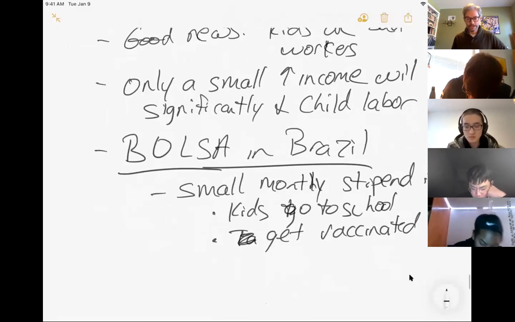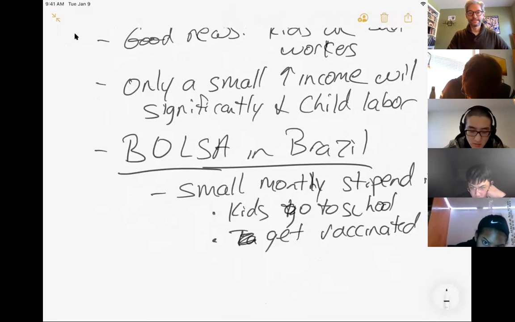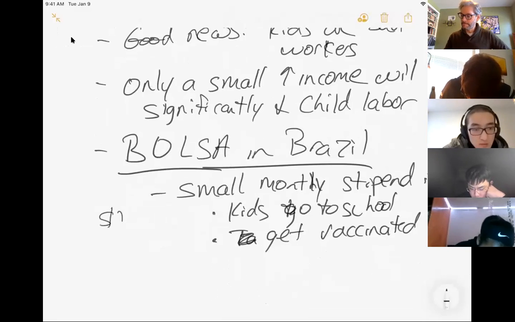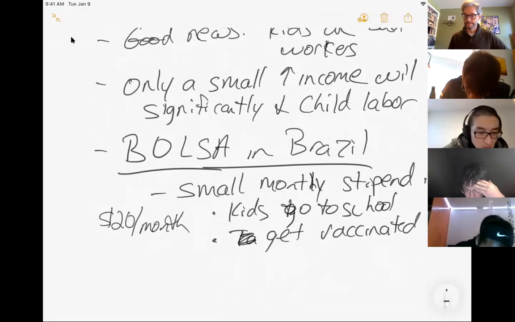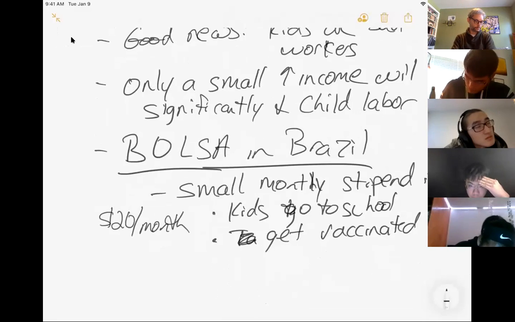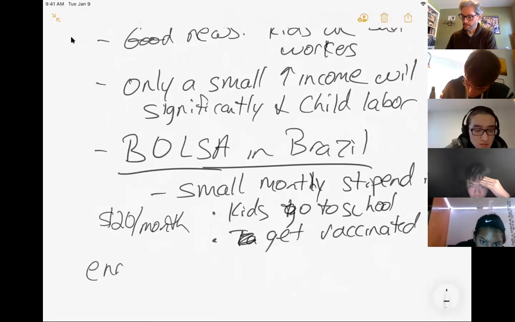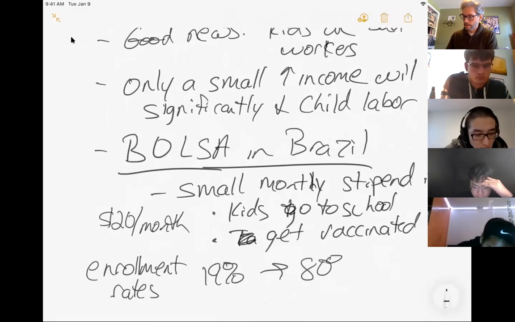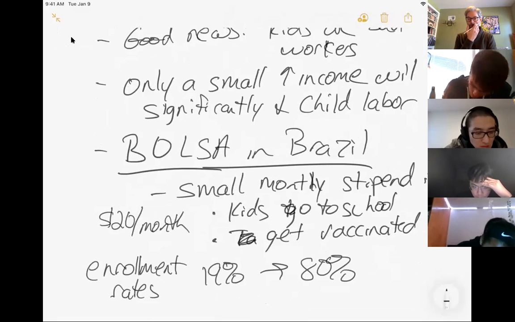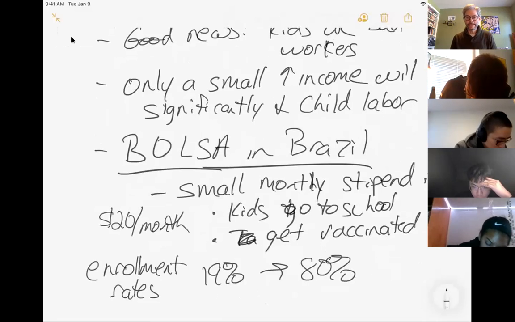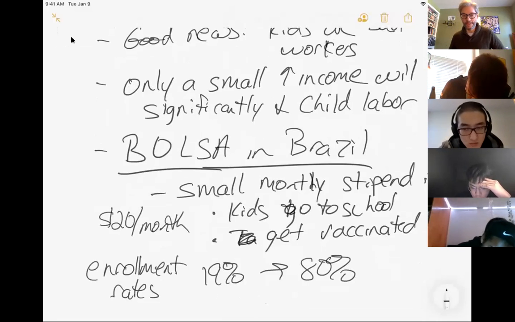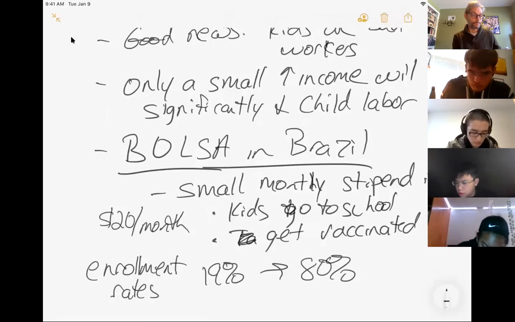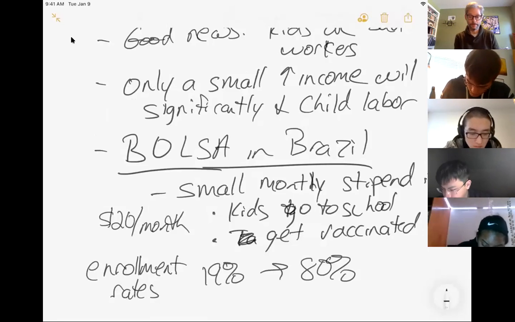Not much is asked. And when I say a small monthly stipend, this is about $20 a month. And what Brazil's been able to do through programs like Bolsa is really get enrollment rates from where they were in the 90s, down to 19%, all the way up to 80% and more in some parts of Brazil.